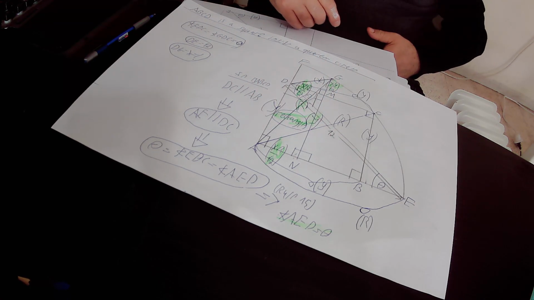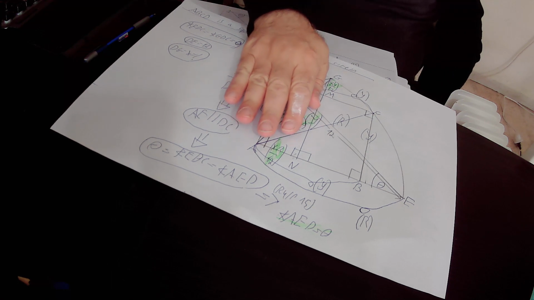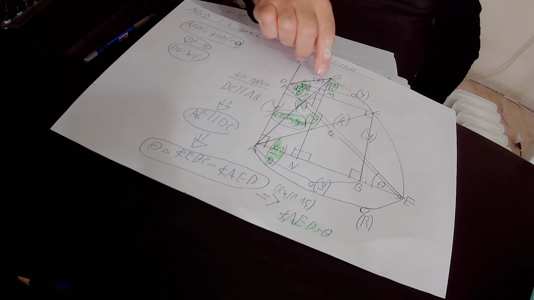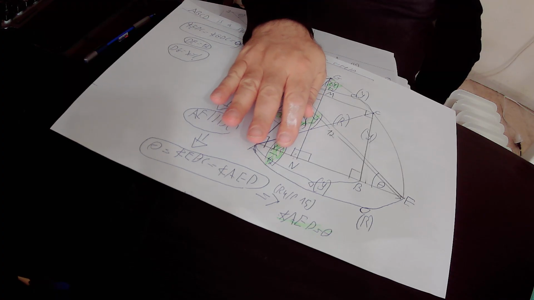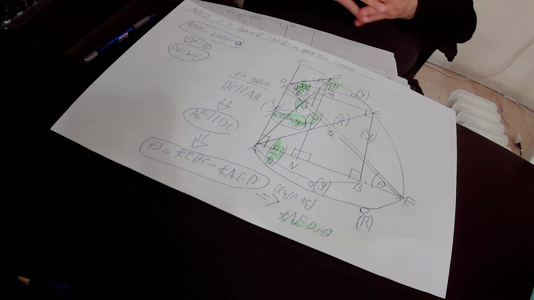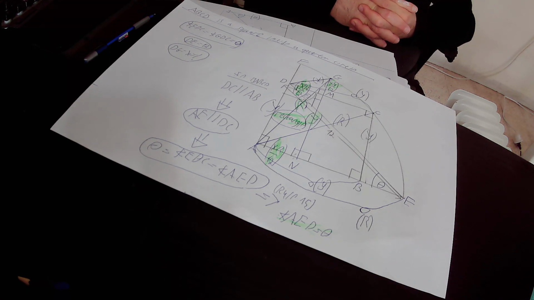In the next step, we focus on the left side of the straight line GN at point M. On the left side of GN at point M, the sum of the angles must be equal to 180 degrees according to rule 3, that the sum of the angles on one side of a straight line is equal to 180 degrees. GN is absolutely a straight line because GN is a perpendicular.